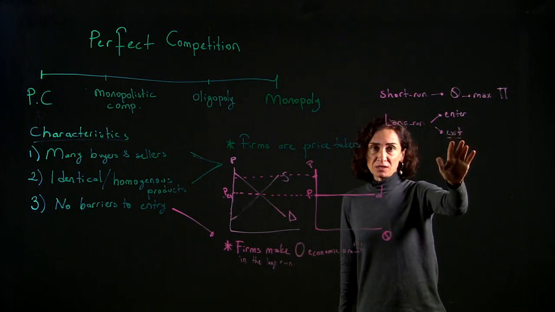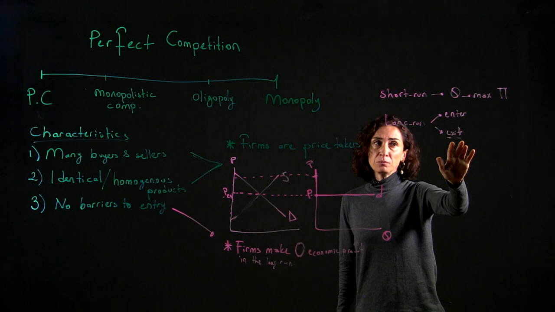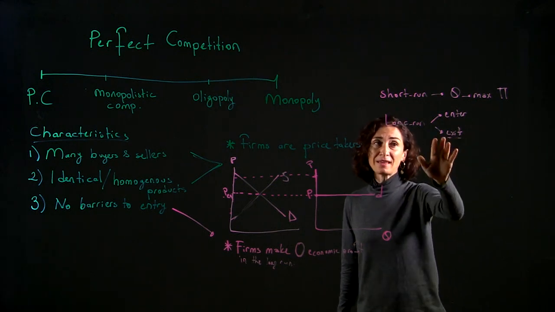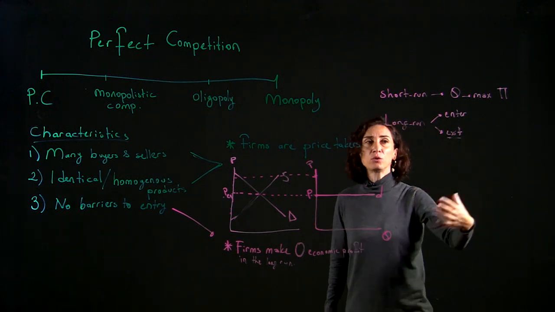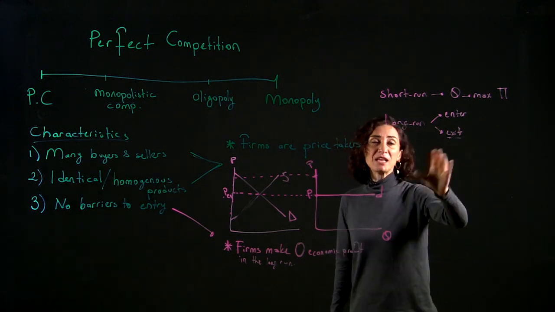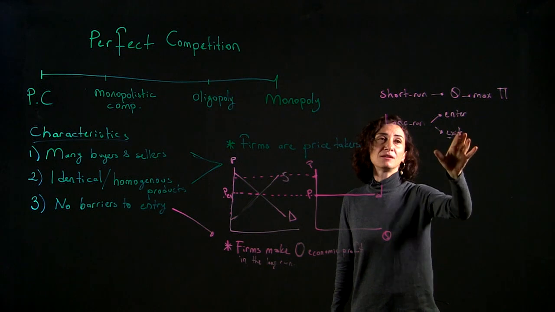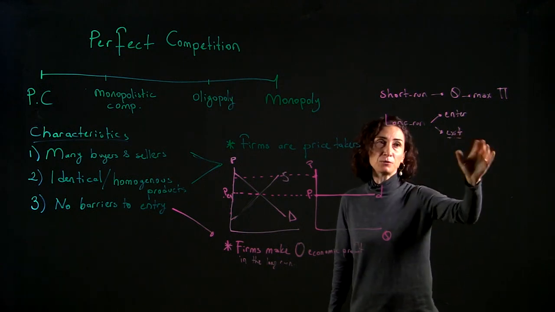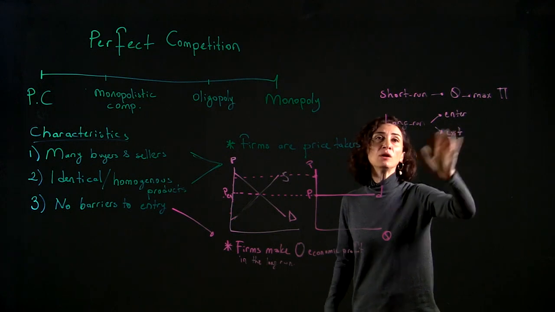When there are losses made by each firm, then these firms are not happy, and in the long run, they will exit. When some of the firms exit, the losses will disappear, and we will see why.